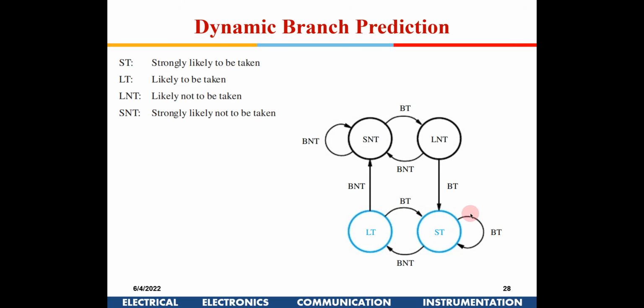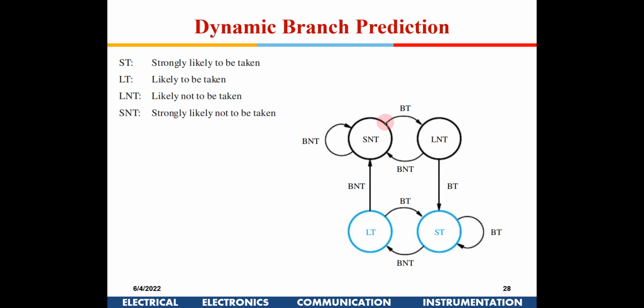Again if a branch is taken, it will remain in strongly taken. If the branch is not taken, then it will come back to likely taken. Again if it is not taken, it will come to strongly not taken, because you have two branch not taken coming in simultaneously, so you have strongly not taken, right? If it is again not taken, it will remain in strongly not taken.